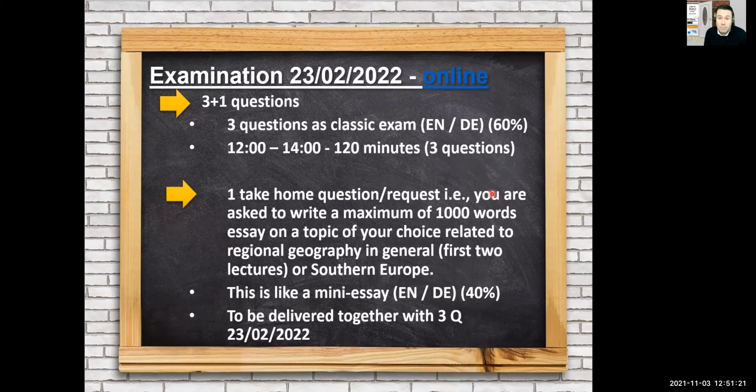You have to deliver this mini essay with a maximum of 1,000 words, and I invite you to bring some references. You don't have to list the references at the end, like last name, first name, title, but you can just embed them in your writing, like Harrison 2021, so I will be able to more or less grasp what you are talking about.